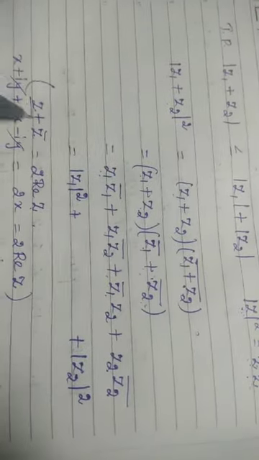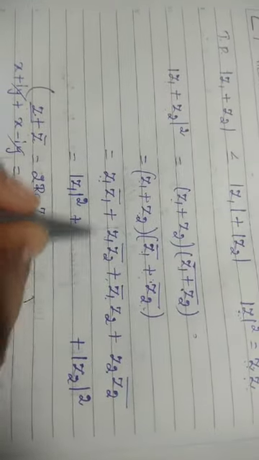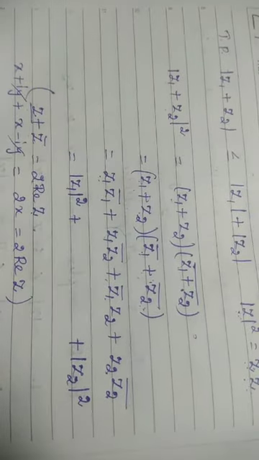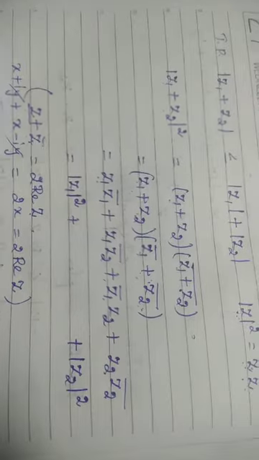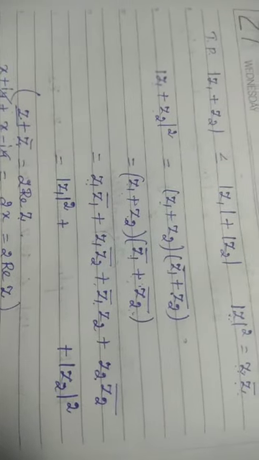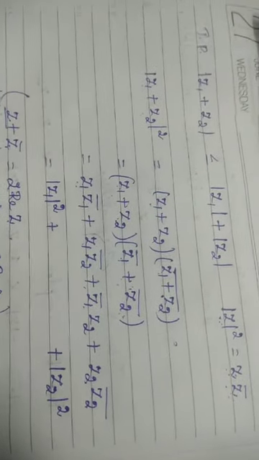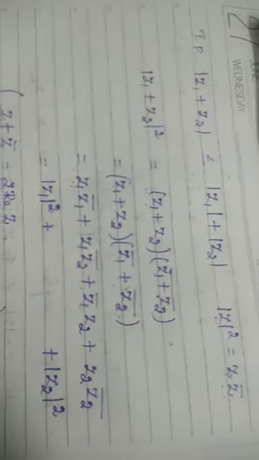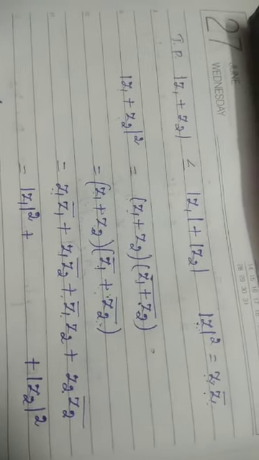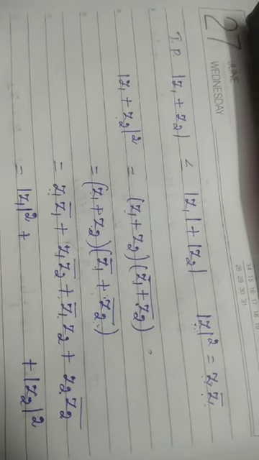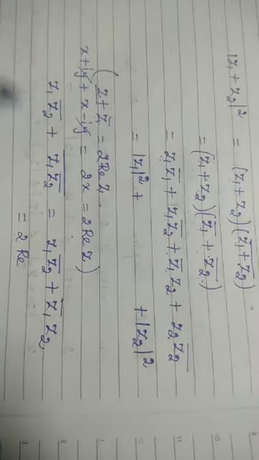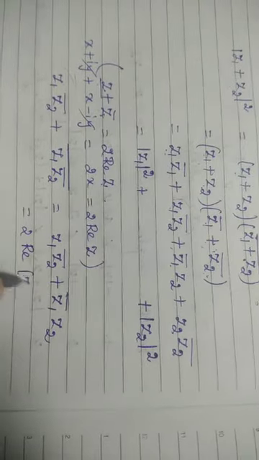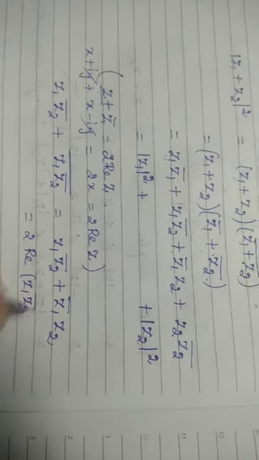Instead of z, we are having here z1 z2 bar. So z1 z2 bar plus its conjugate, z1 bar z2, is nothing but 2 times the real part of z1 z2 bar.